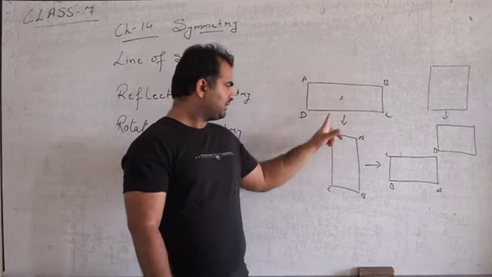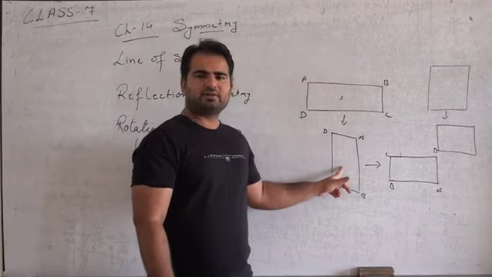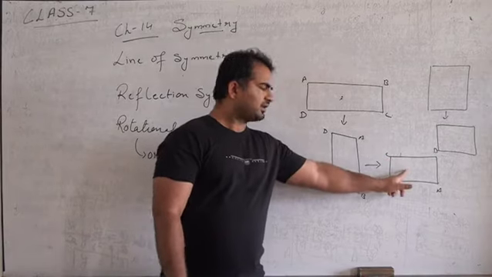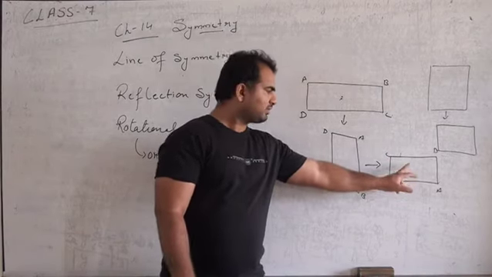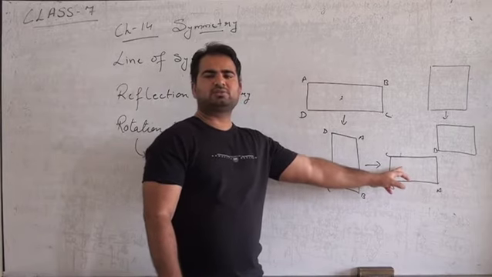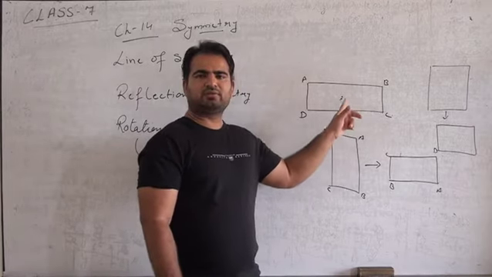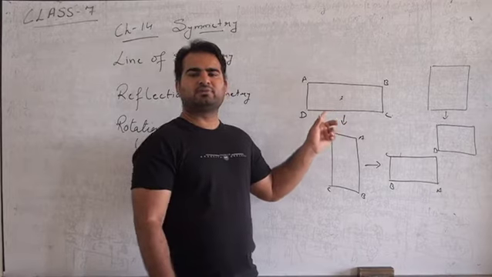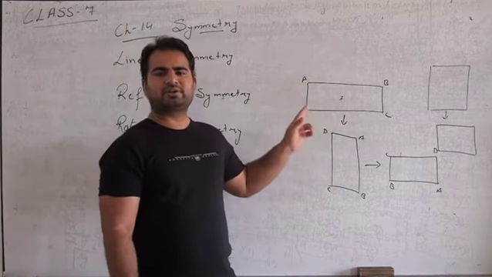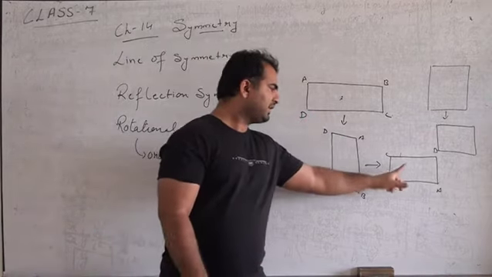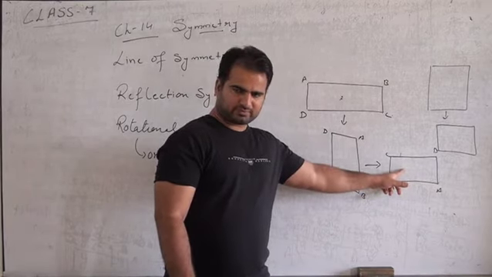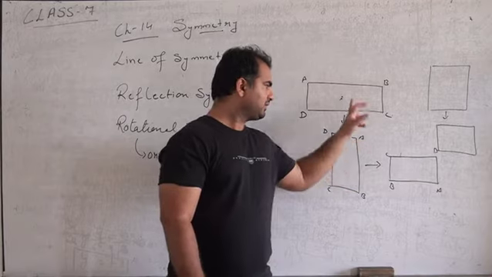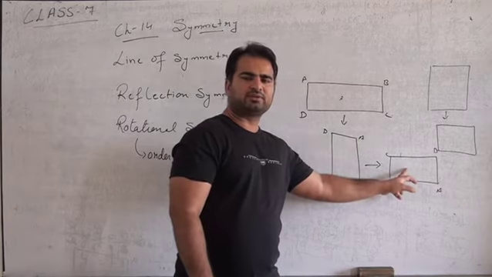We have rotated it 90 degrees, we don't have it. We have rotated it 180 degrees, we have rotational symmetry. But what about if we rotate it 270 degrees? We will not have rotational symmetry. But what about if we rotate it by 360 degrees? We will again have this kind of shape.